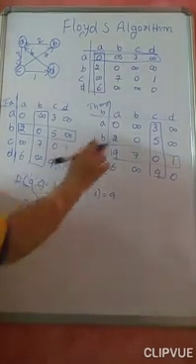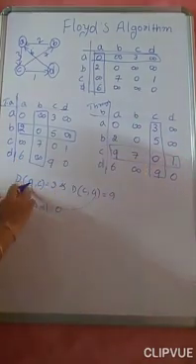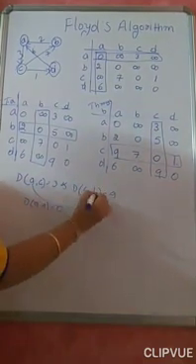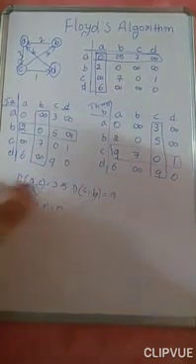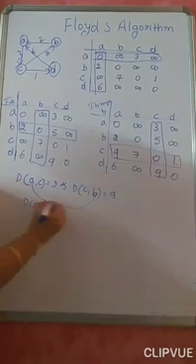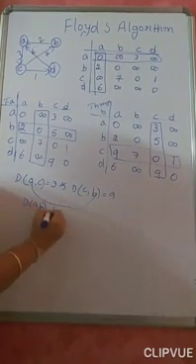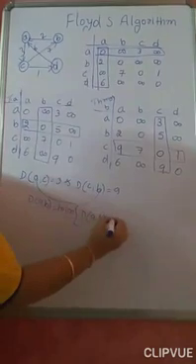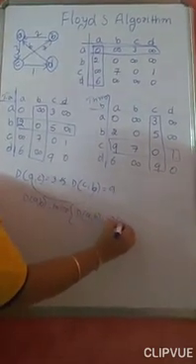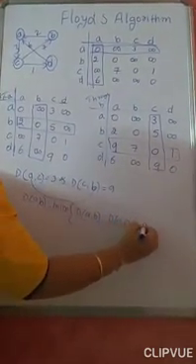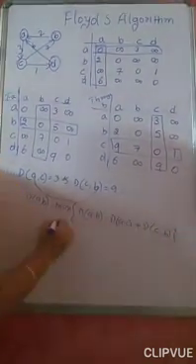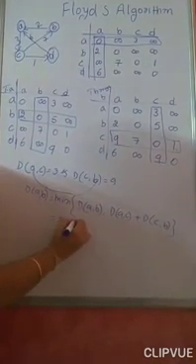Now I will consider the 3 with the 7. What is 3? A to C. And 7 means C to B. Now the distance from A to B is equal to the minimum of the previous distance from A to B, or the distance through C, that is A to C plus the distance from C to B. What was the previous distance from A to B?